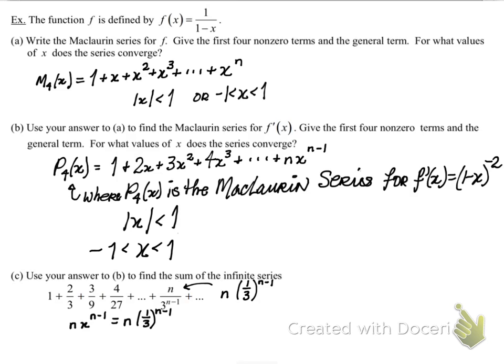So then we go down here and we see that it converges because x is less than 1, and we can put this in.